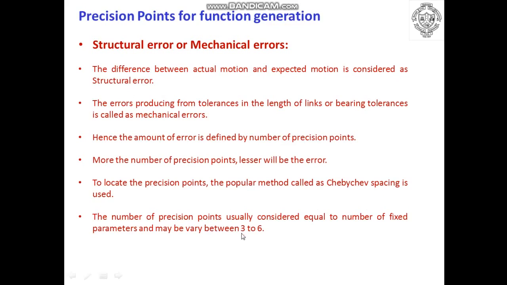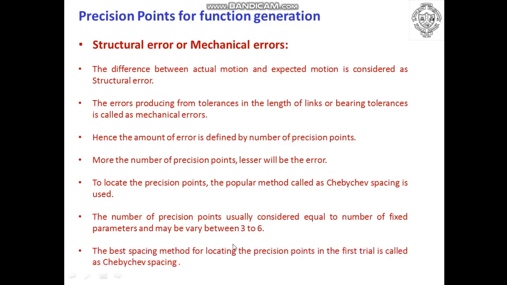Many times it will be considered as either 3 or a maximum of 6 precision points. Obviously this also depends on the application where you are going to synthesize your mechanism. The best spacing method for locating the precision points in the first trial is considered to be the Chebyshev spacing method.